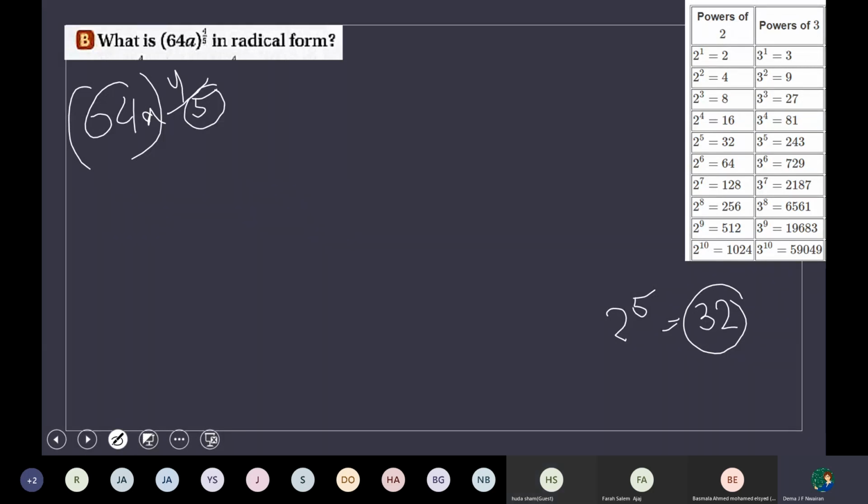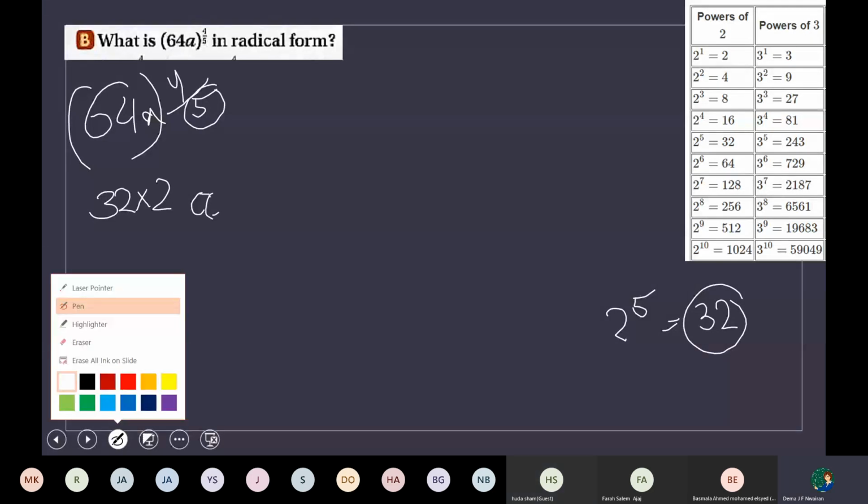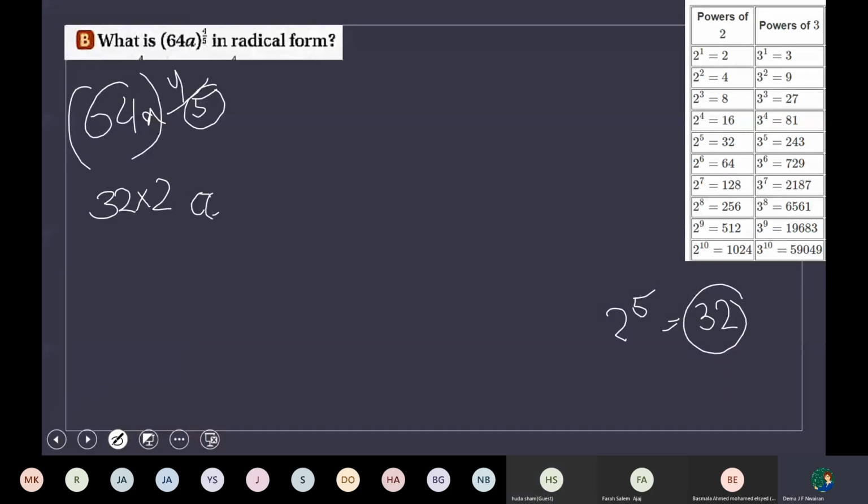I will tell my question that if I multiply 32 by 2, I will get 64. So 32 multiplied by 2 times a, because I write 64 as 32 times 2.